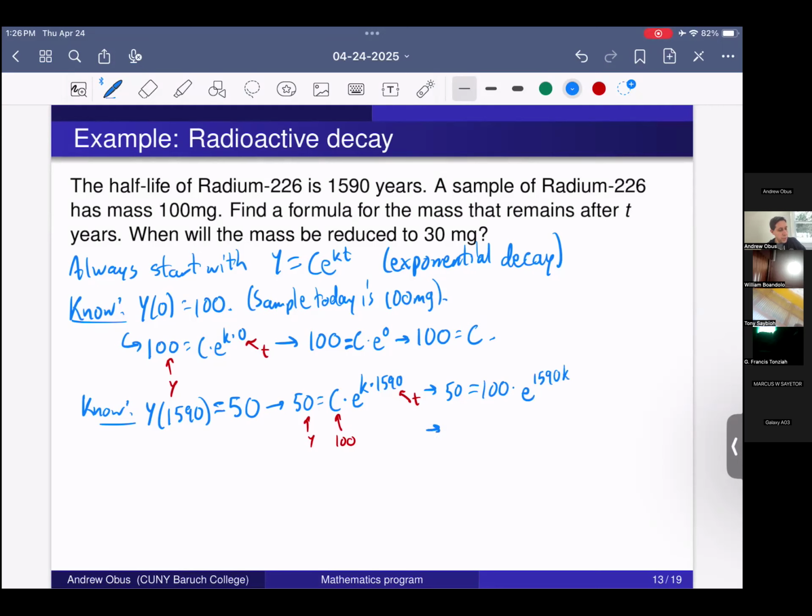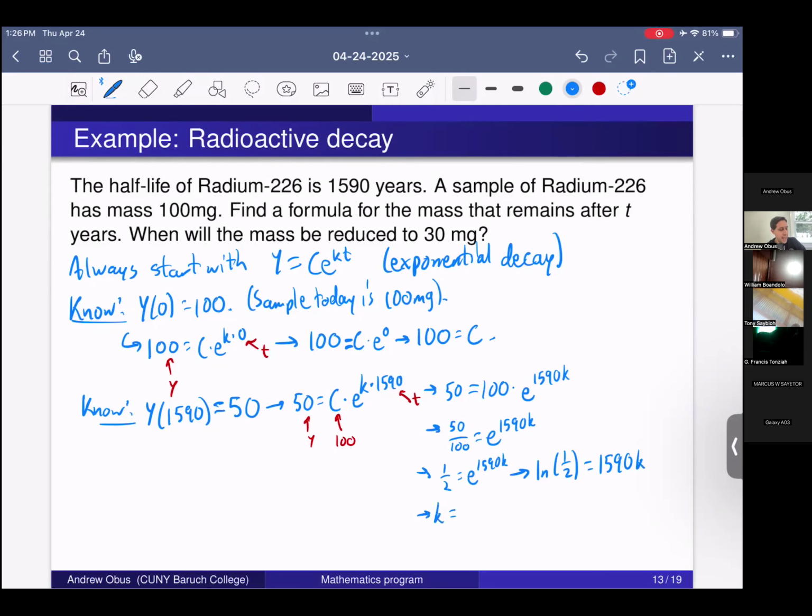Or in other words, we can divide both sides by 100, so we get 50 over 100 equals e to the 1590k. That's just 1/2, right? 1/2 equals e to the 1590k. And now we can take ln of both sides. That says that ln of 1/2 equals 1590k.